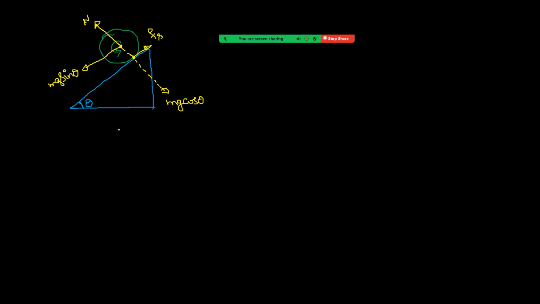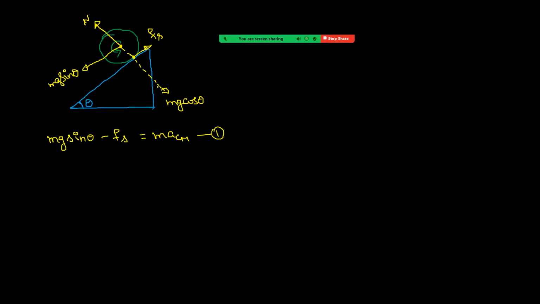Now focus on the force equation for the center of mass. Motion is only along the inclined plane. So the net force along the inclined plane is mg sin theta minus static friction, which is equal to m times a_CM.